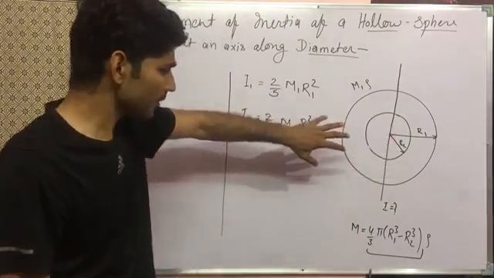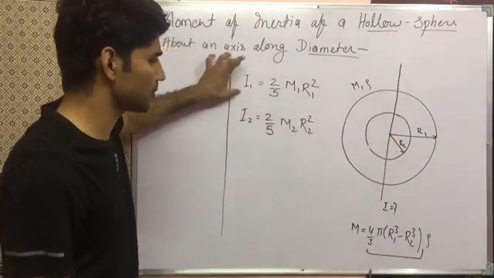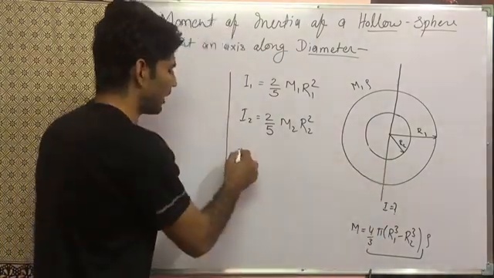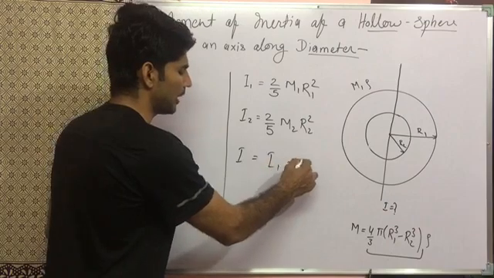So we have two formulas for two spheres, and the moment of inertia for the hollow sphere will be I1 minus I2.